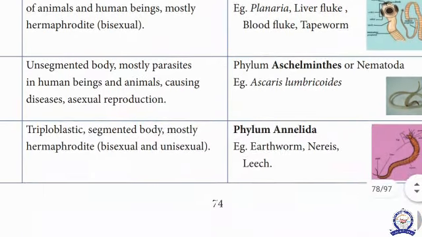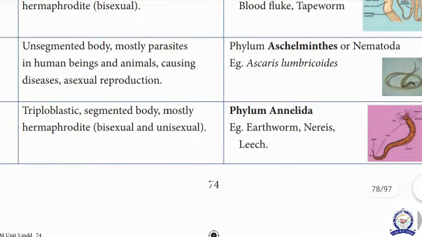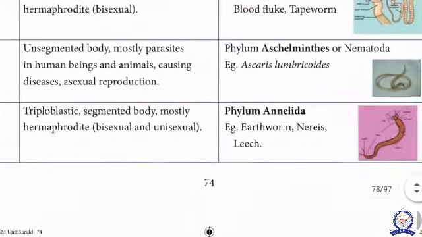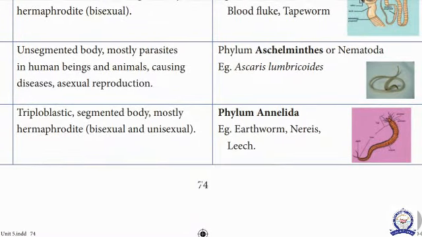The next phylum is phylum Aschelminthes, otherwise called Nematoda. In these organisms, all have an unsegmented body. Unsegmented means the body is a worm-like structure.